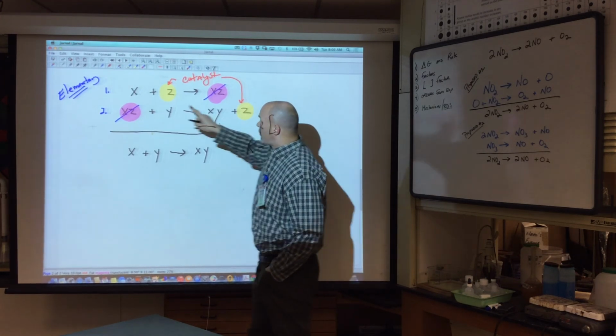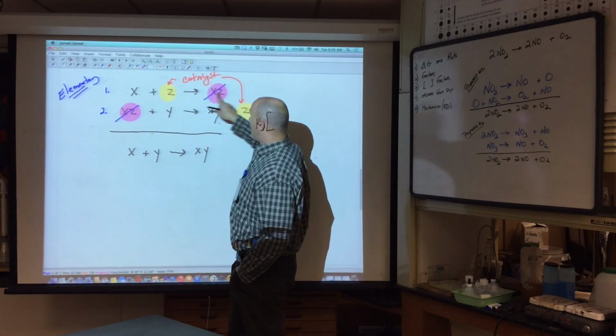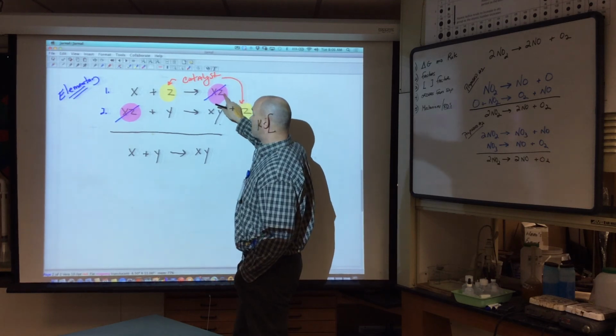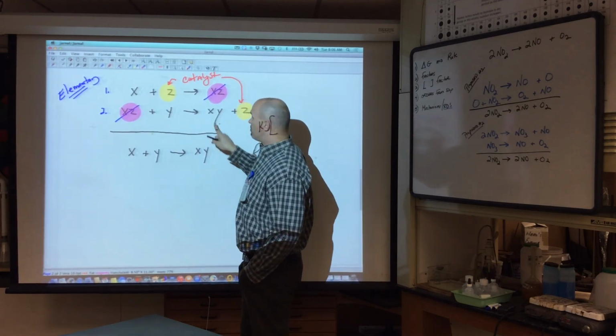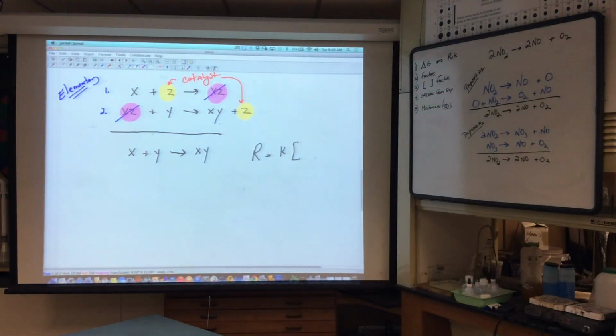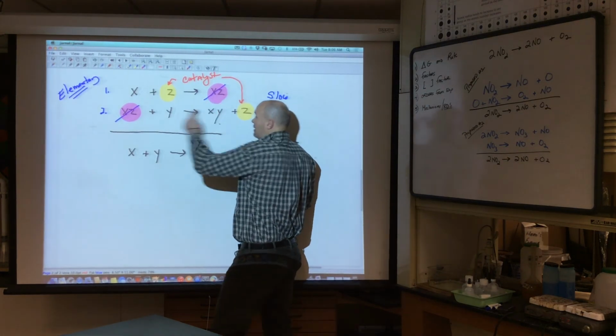So this first step, sometimes it's very fast, but making the intermediate means as soon as you make this, it's going to go. So the first step, when you're making an intermediate, generally speaking has a slow rate of reaction. So this is usually slower. Why? Because I'm waiting to make this. As soon as this is made, this is going to react.